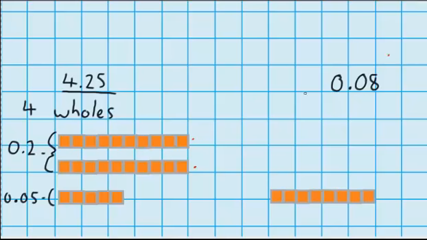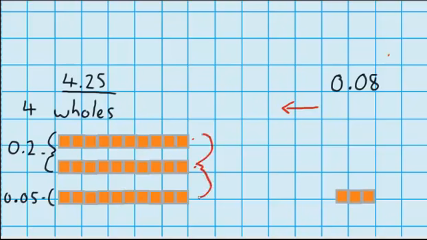So what we had to do is join these two amounts up, so we're going to move our 8 hundredths over to the 4.25. Let's see what happens when we move 5 tenths across. You can see that by doing that I've now got 3 tenths or 0.3.